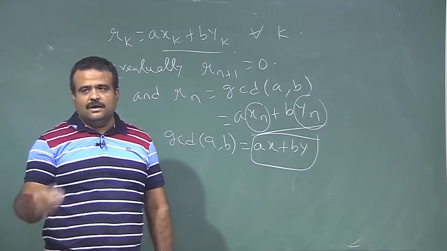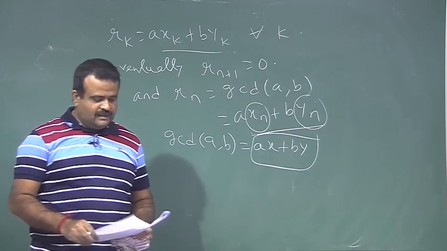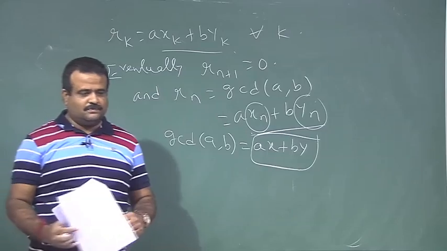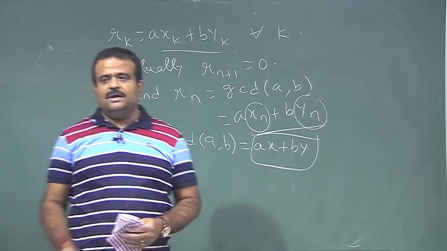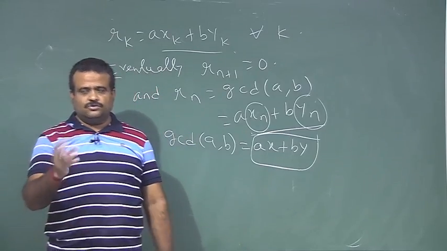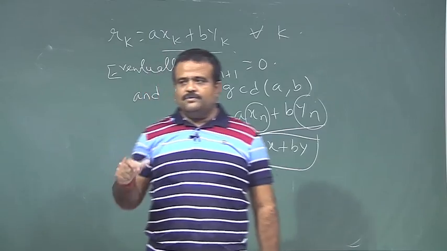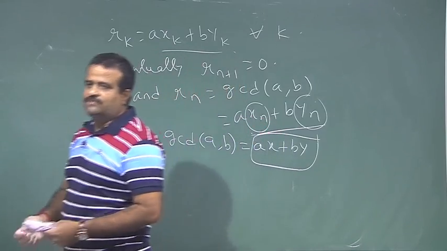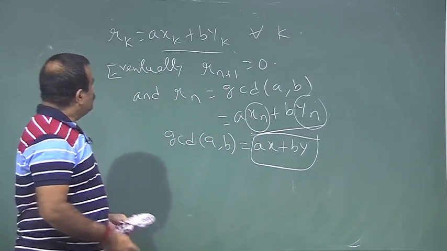This is the proof that any GCD can be written as a x plus b y. This gives us the extended Euclidean algorithm, in which every time we maintain x_k and y_k.